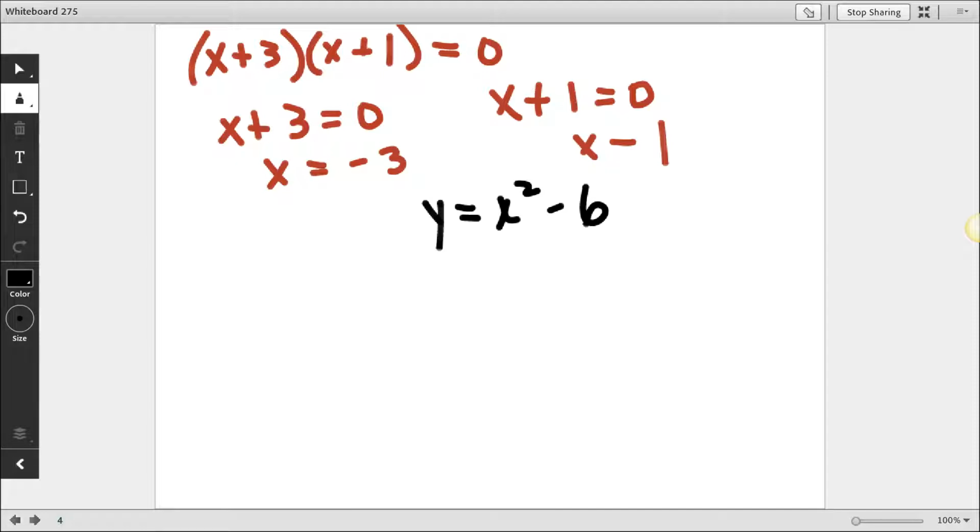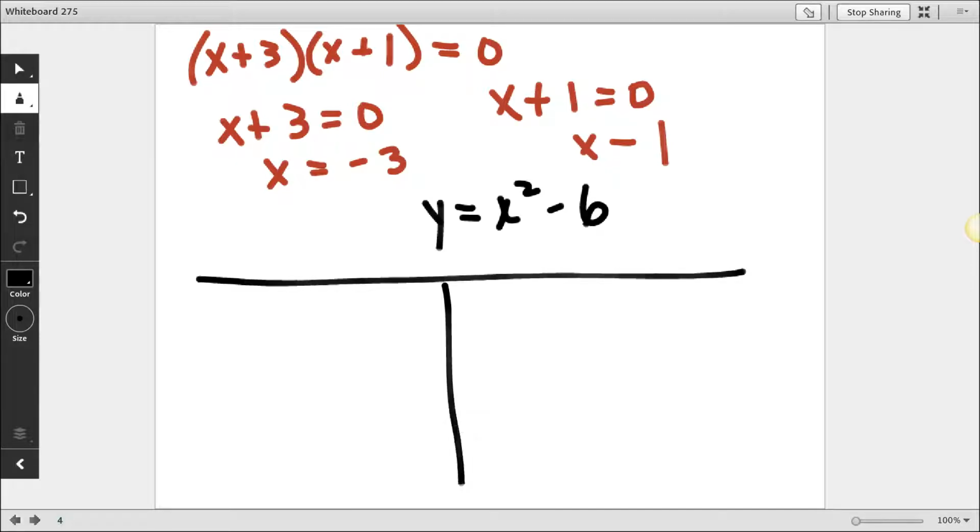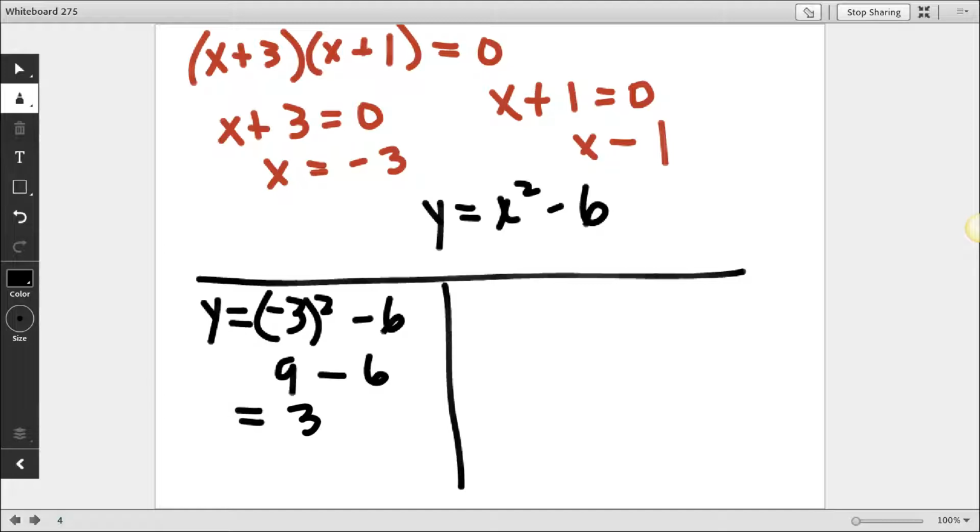And so I'm going to replace, for the first one, x with negative 3. And that's going to give me 9 minus 6, which is 3. So one of my solutions will be negative 3, 3. I'm going to do the same thing for the second one.